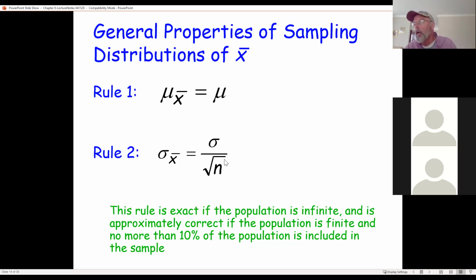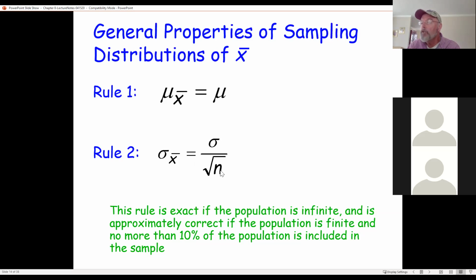So right here tells us why we would expect that as the sample size goes up, the standard deviation of the sample means will go down.